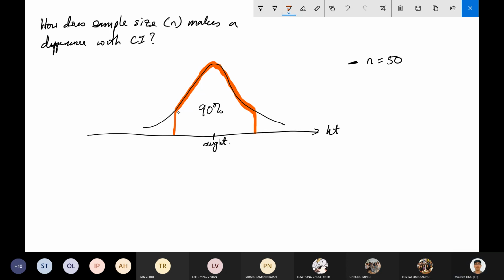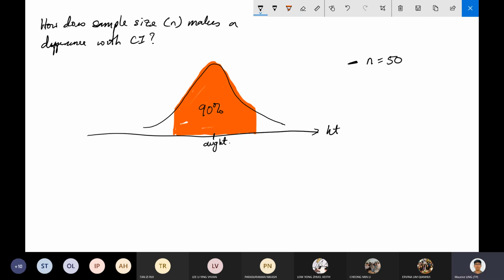Okay, so let me just color this up. So this shaded area is, let's say, 90%.